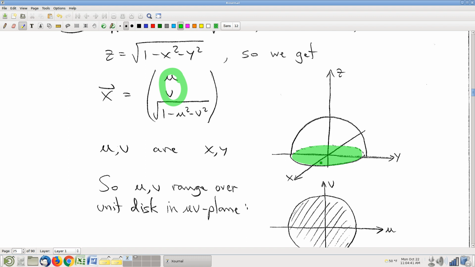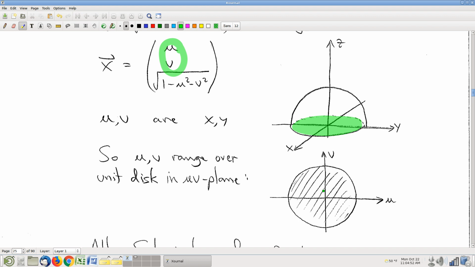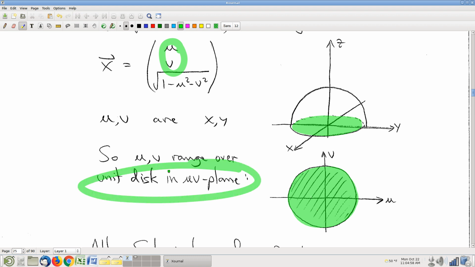Well, you can see right there the x and y coordinates. Z is computed from the x and y coordinates, straight up, you might say. Right? So it's just that shadow disk down there. So this, of course, is the unit disk. And I'm going to say that's the unit disk in the UV plane, because don't forget, u and v are x and y.